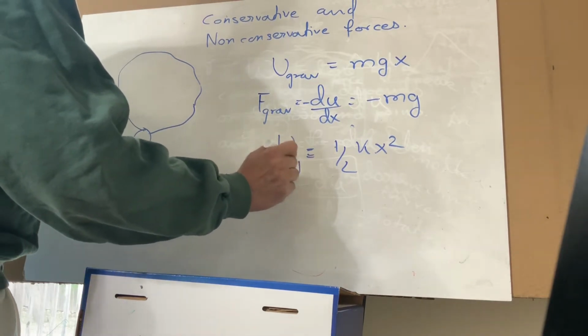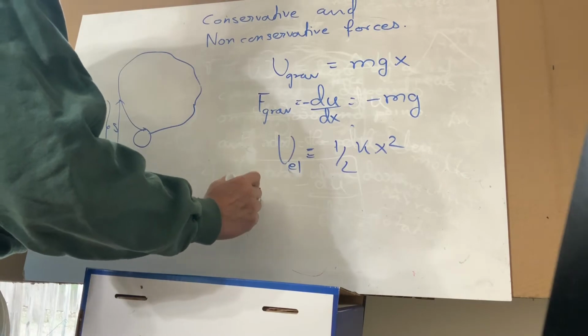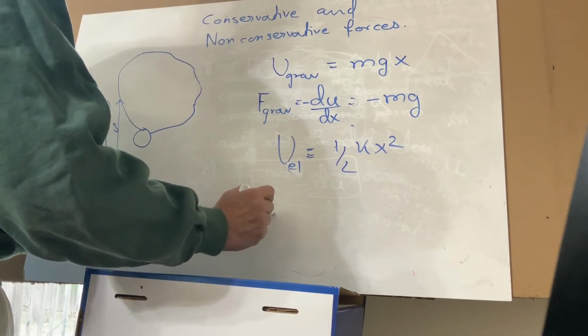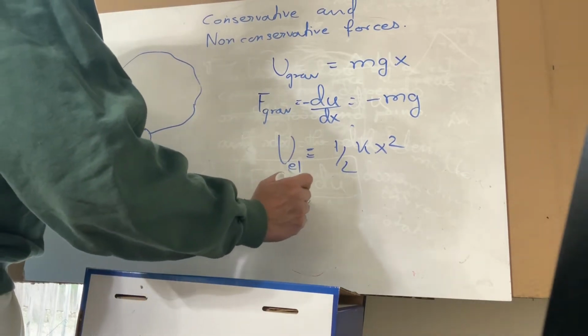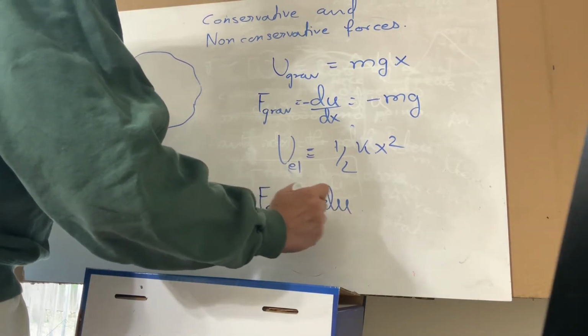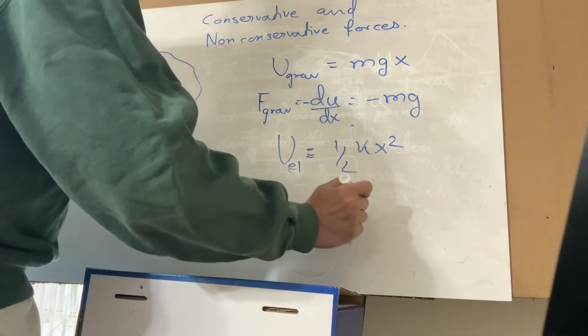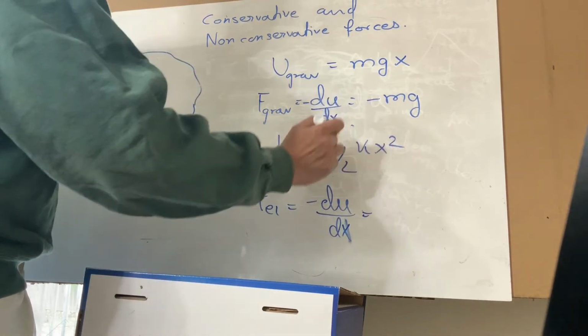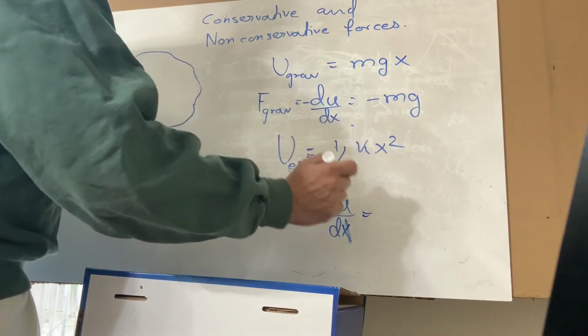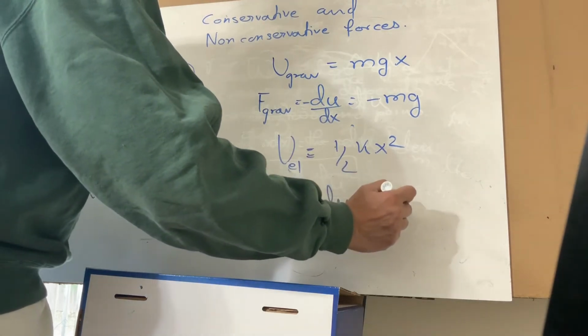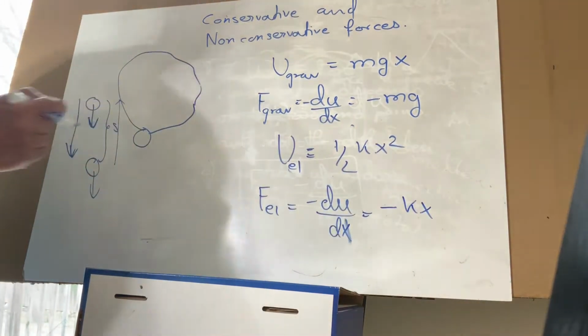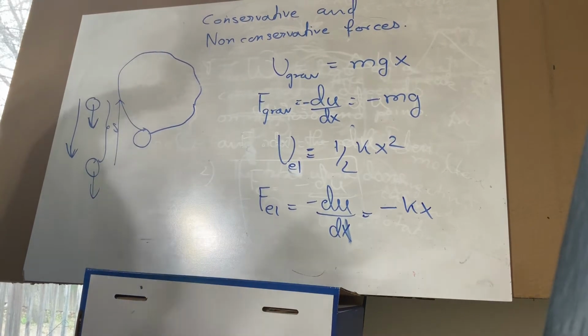So the force due to elasticity will be equal to minus du by dx. If I take the derivative of that, the 2 comes in front, the 2 and 2 cancel off, and you get minus kx, which is the correct force that the spring will apply on the object.